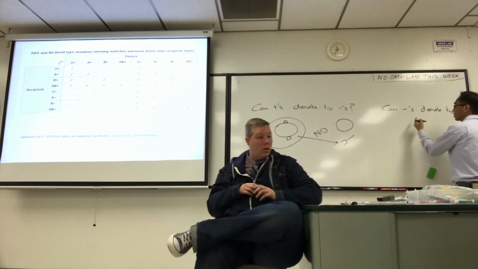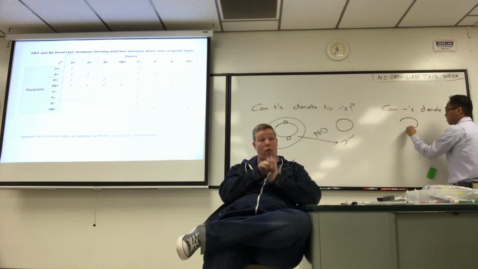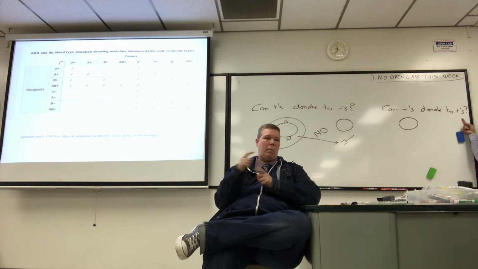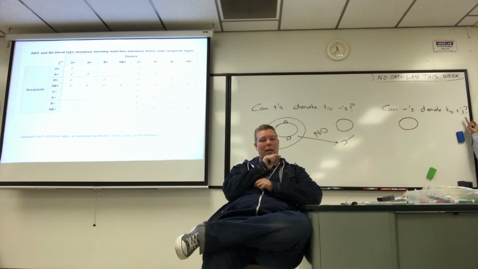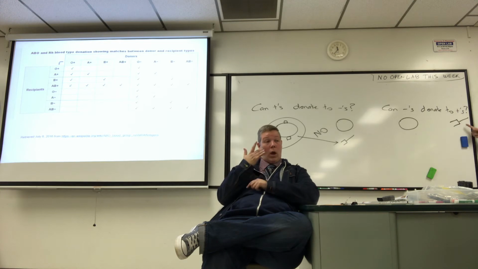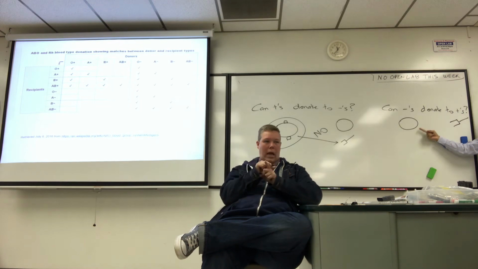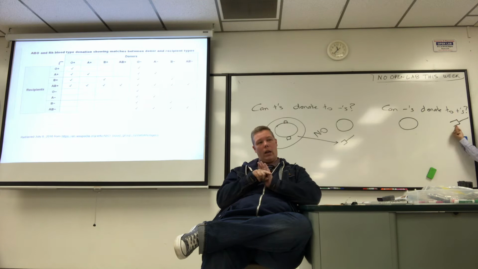If you're the donor and you're Rh negative, you don't have that antigen. So why is it okay to donate to positives? Even if they have the antibody against Rh, they're not going to attack it. The antigen that's being donated isn't there, so there's no cross reaction just for Rh.